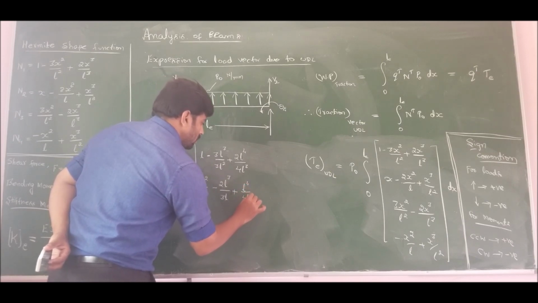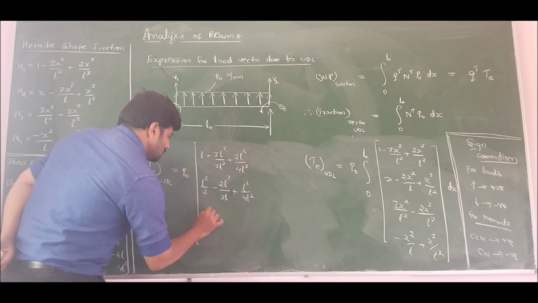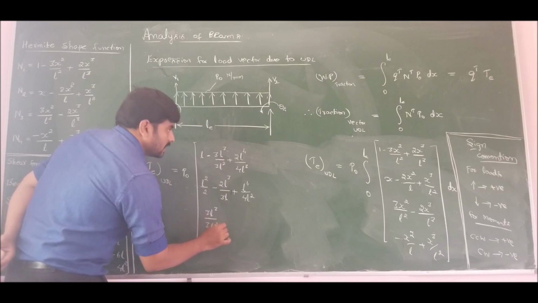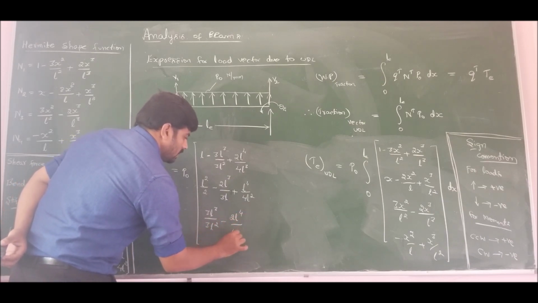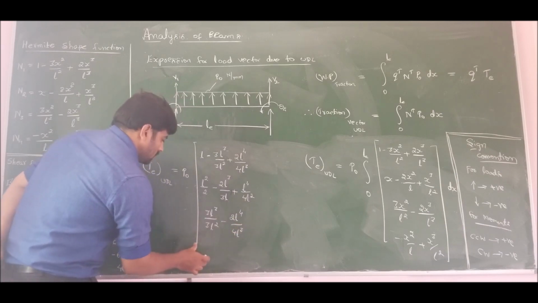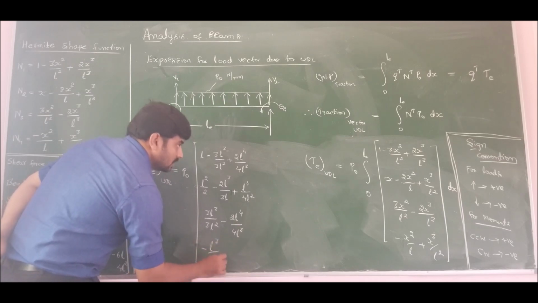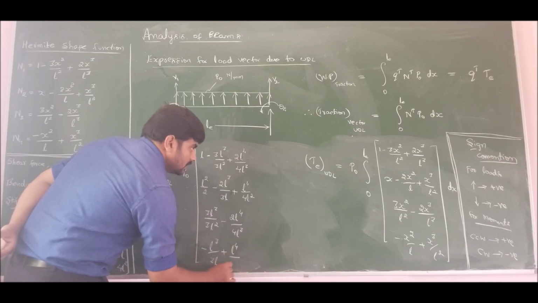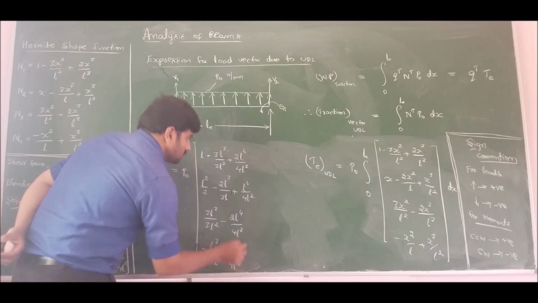Integrating N3, I will get 3L cube by 3L square minus 2L to the power of 4 divided by 4 L cube. Finally, integrating N4, I will get minus L cube by 3L plus L to the power of 4 divided by 4 L square.